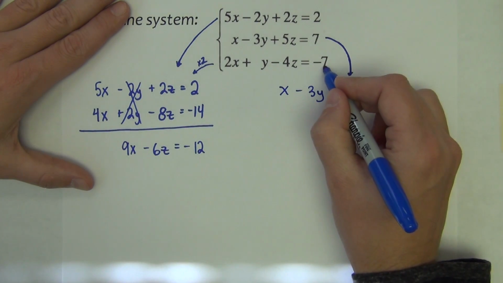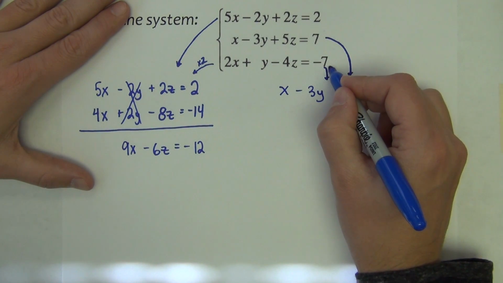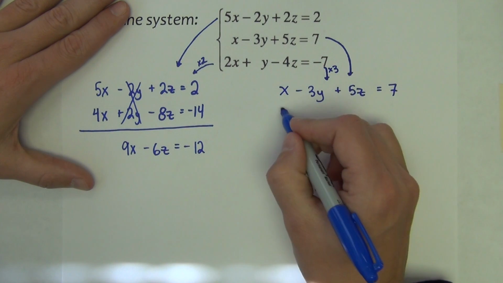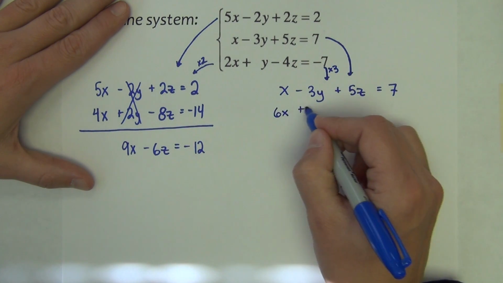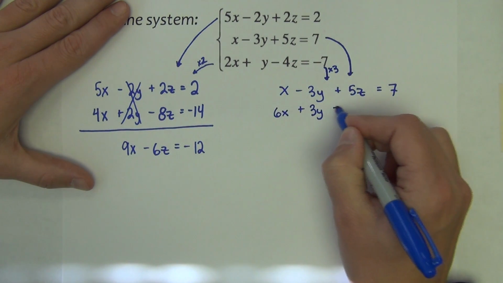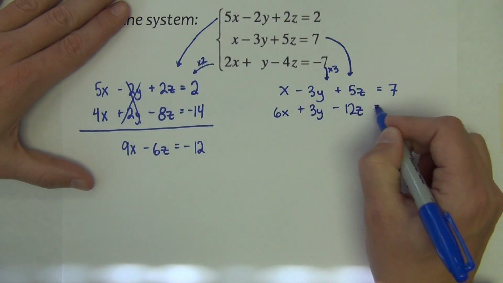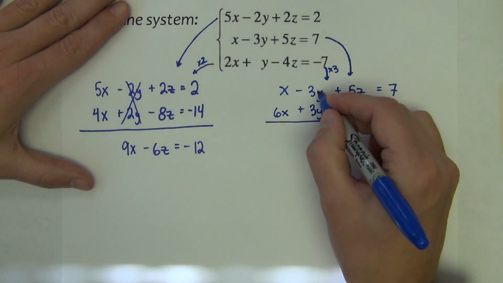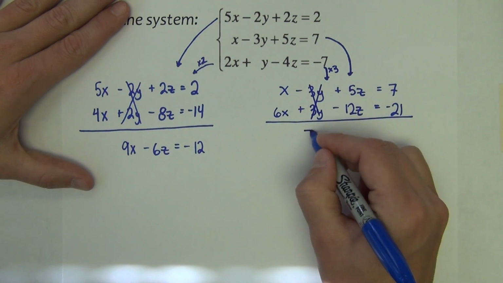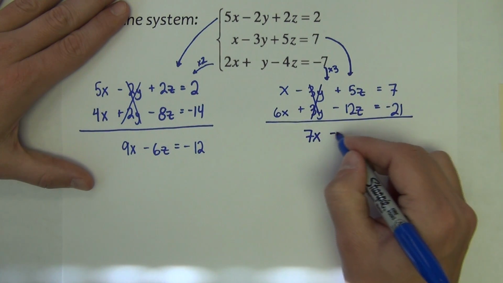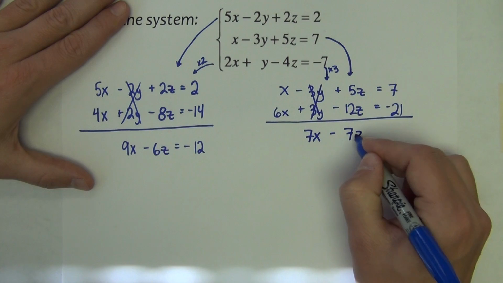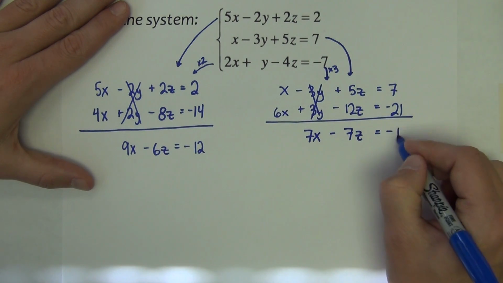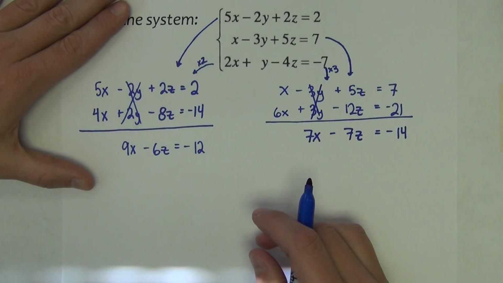And I'm going to take the bottom equation again, but this time I'm going to take it times 3, giving me 6x plus 3y minus 12z equals negative 21. And again, the y's cancel out. We get 7x minus 7z equals negative 14.